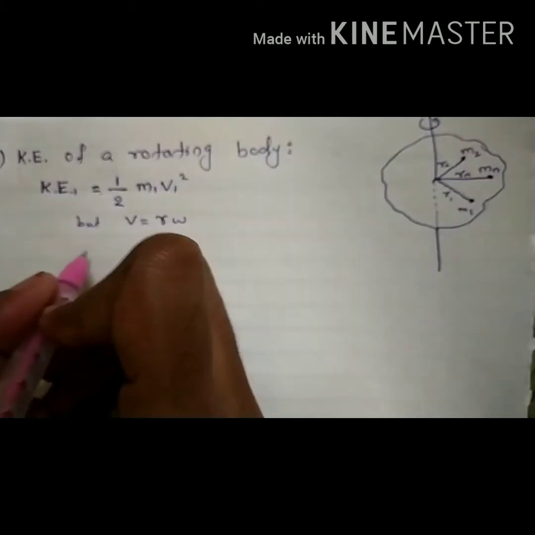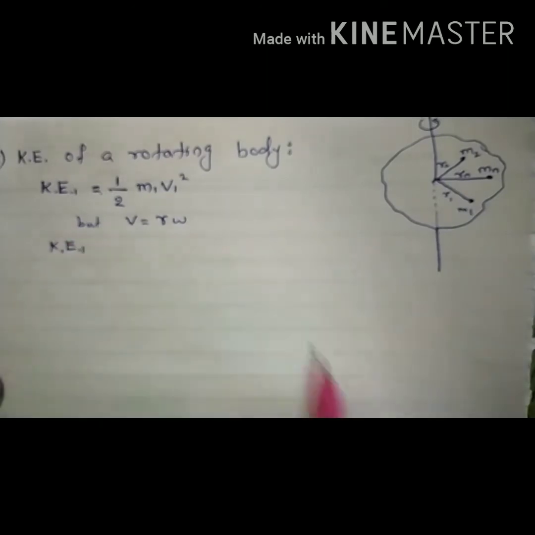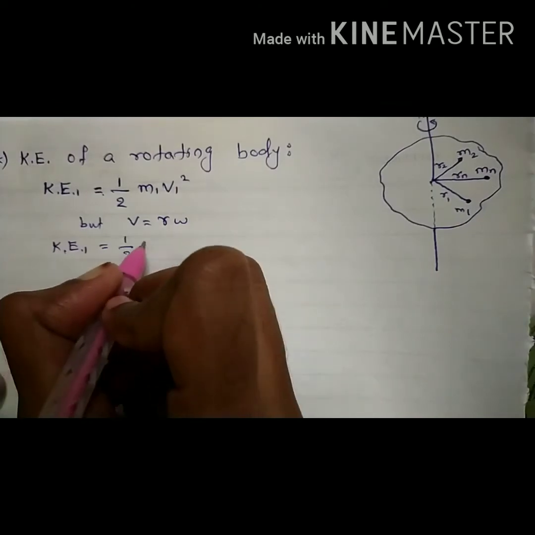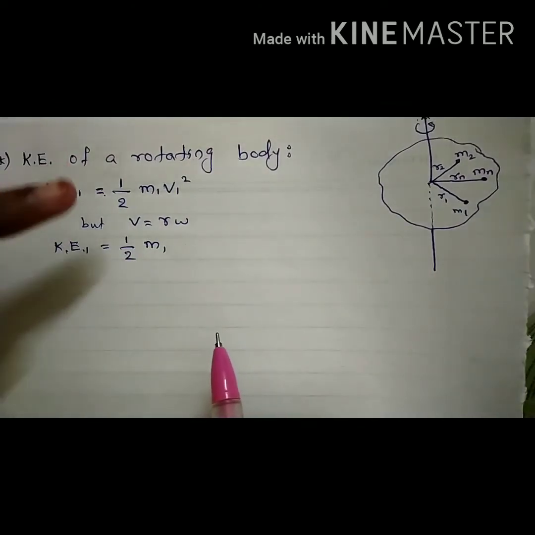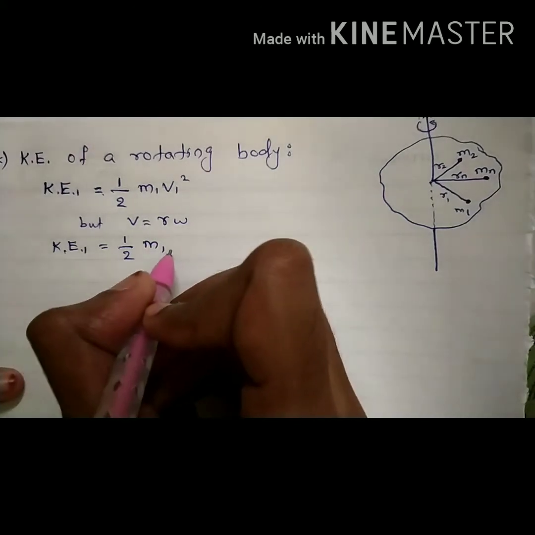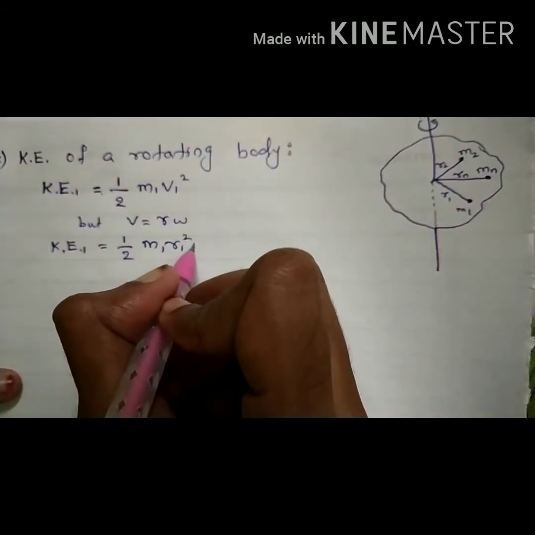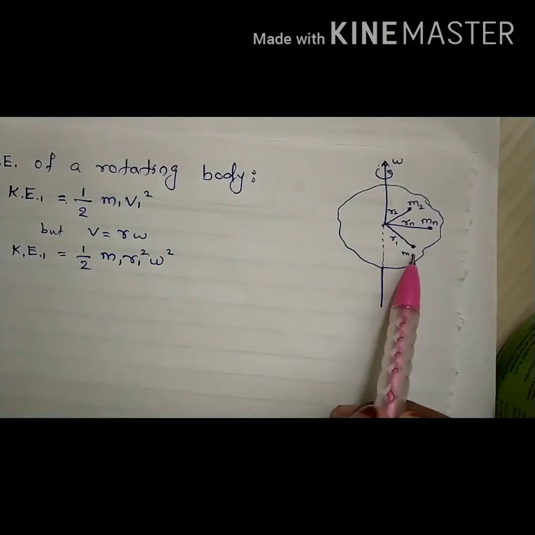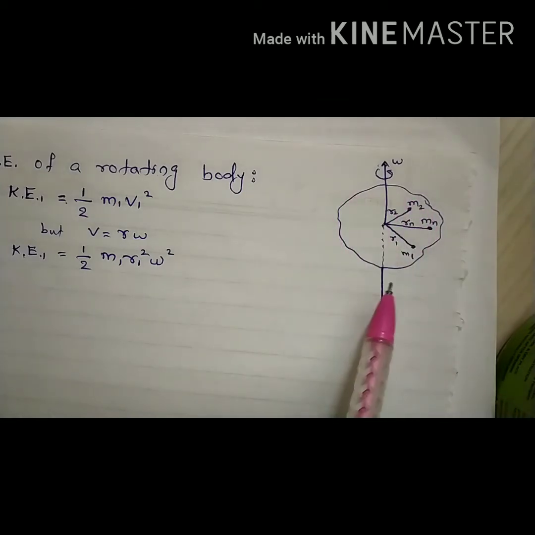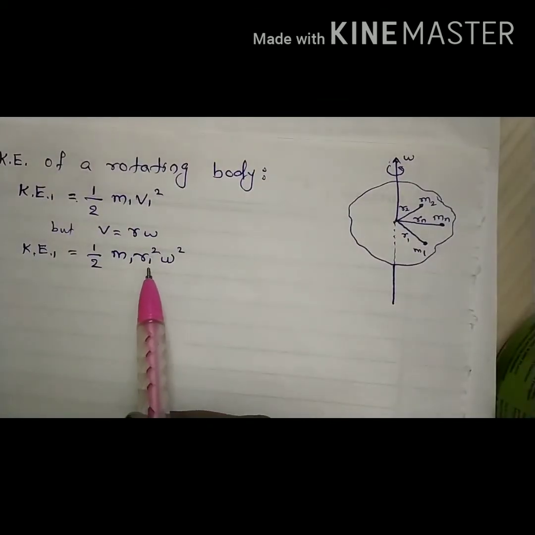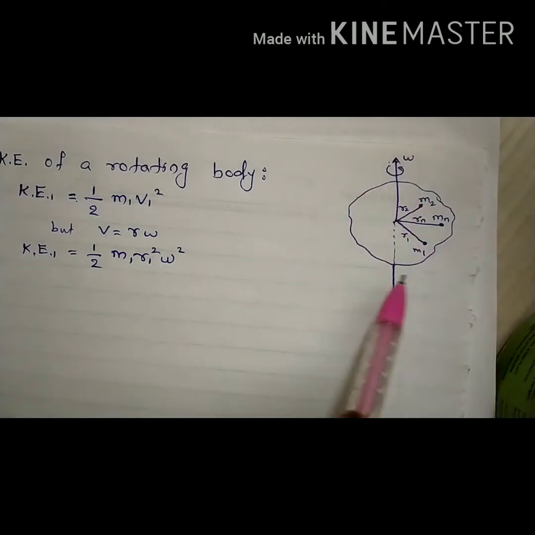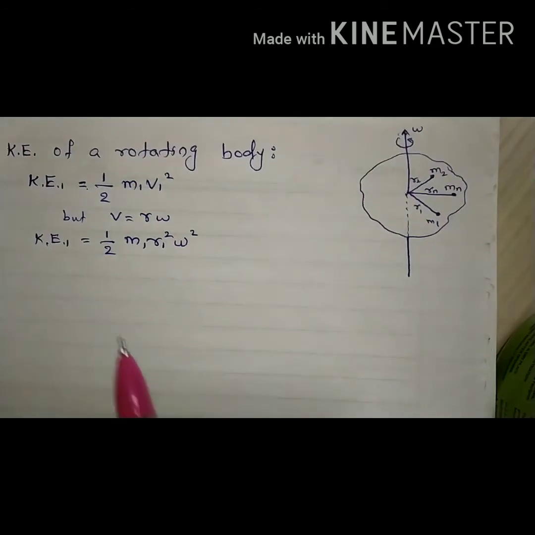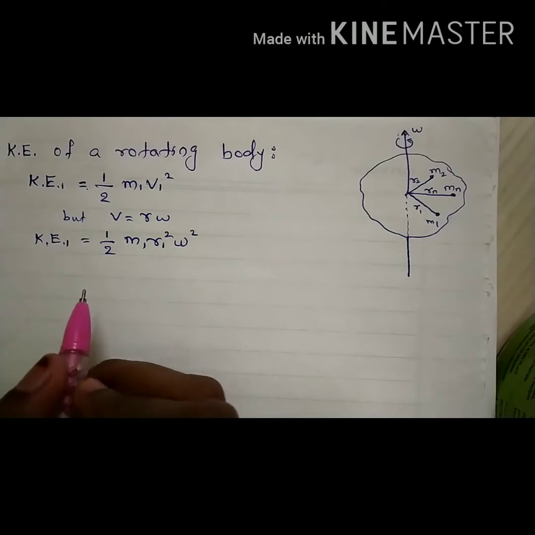So kinetic energy for particle 1 is equal to half m1, as it is, and instead of v we can write r omega, so it is r1 square omega square. Here the particles of masses m1, m2, mn perform circular motion of different radii, so the radius is r1, while the angular velocity of this whole body is the same, that is omega. So it is the kinetic energy for the particle of mass m1.